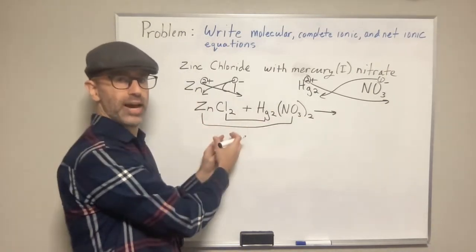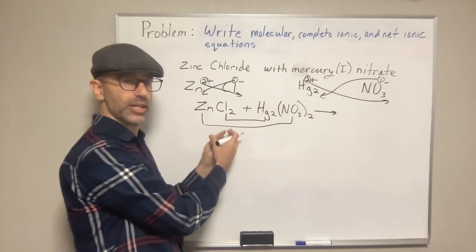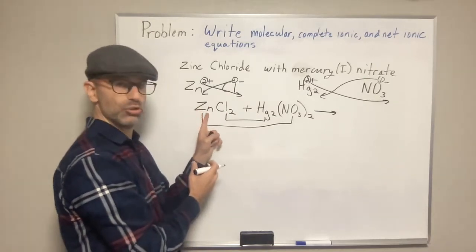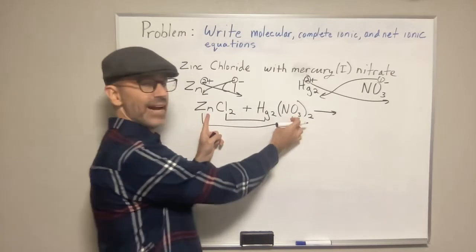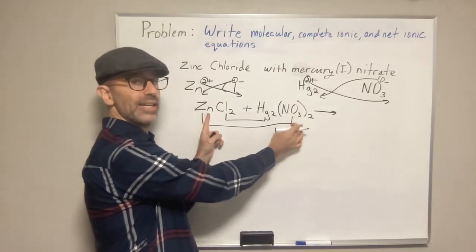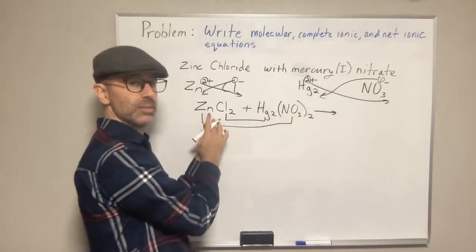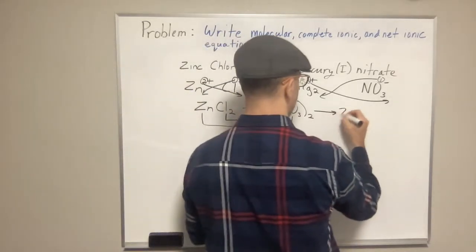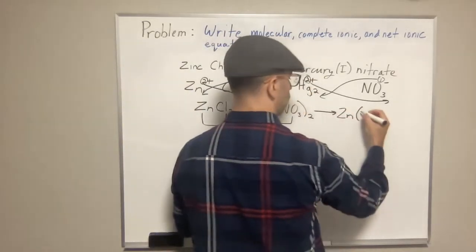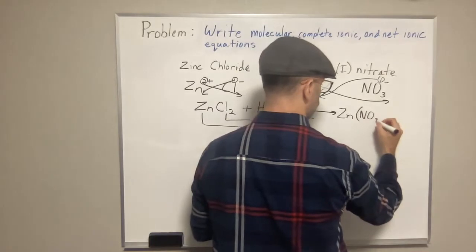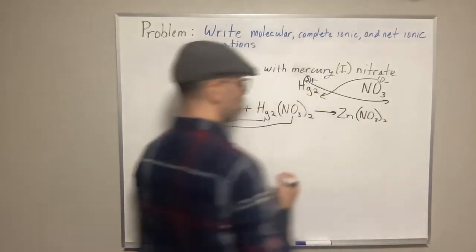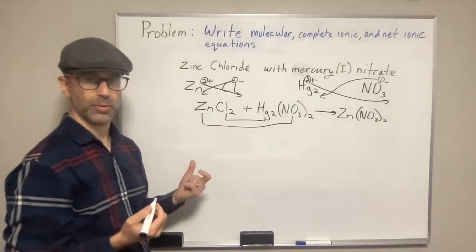And you have to make sure you balance the charge again. So we have zinc, which is a 2 plus charge, and nitrate, which is a -1. So we're going to need 2 nitrates to balance the +2. So here we're going to have Zn, and parentheses with 2 nitrates in there. So that's one possible product.